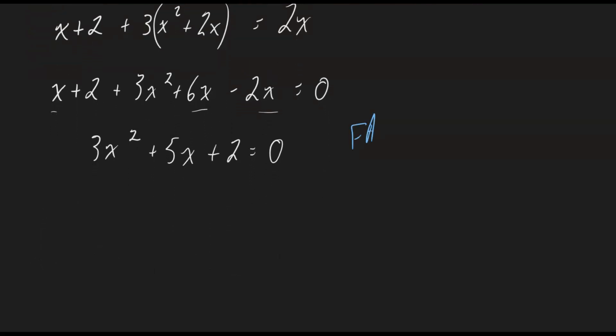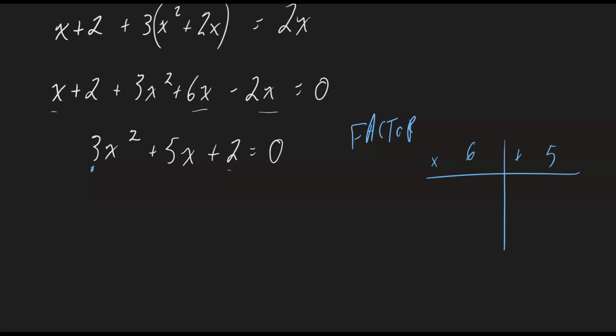So factor. I am looking for what? I have a leading coefficient other than 1. So I must multiply the 3 by the 2. I want two numbers whose product is 3 times 2, 6, and whose sum is 5.